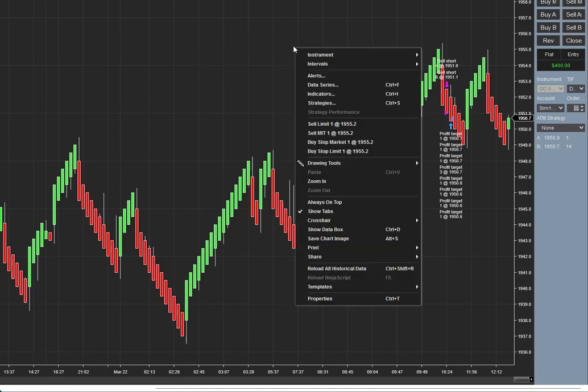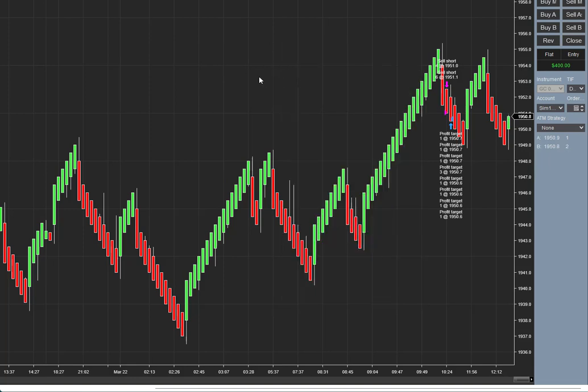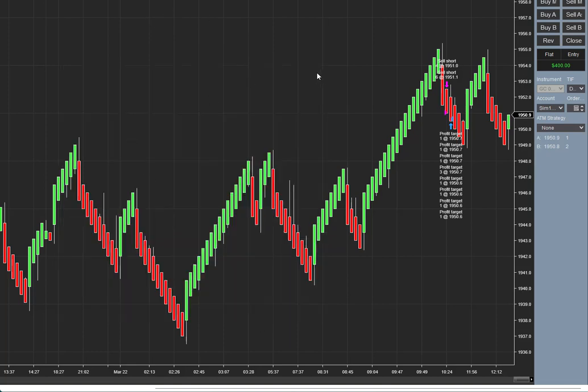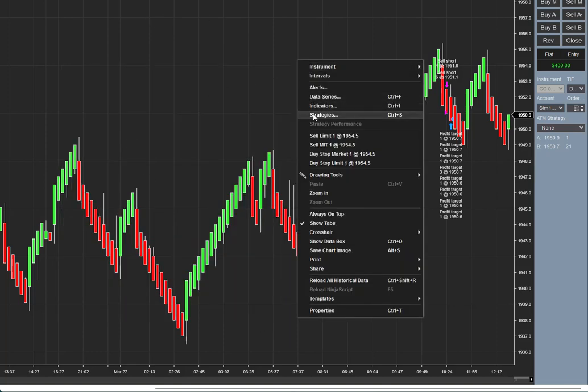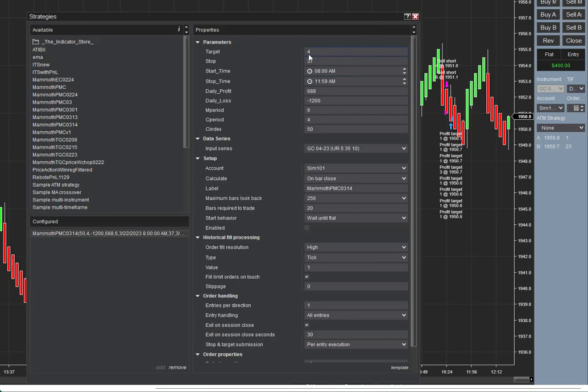Once you have this chart loaded, you go to strategy. We'll have a data series loaded for 60 days for April contracts. Then you go to strategies, and the strategy downloaded is 0314. The setting target we set is 4 ticks, stop 37 ticks. 37 is pretty large.